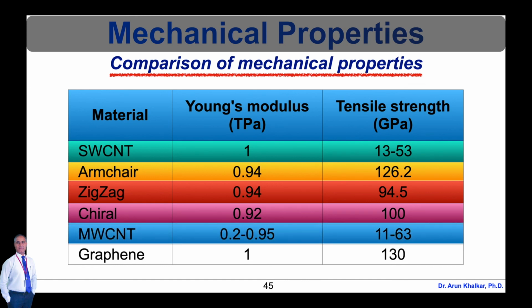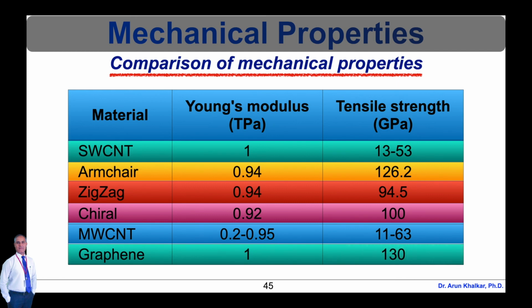For multi-wall carbon nanotubes, the Young's modulus is 0.2 to 0.95 terapascals, whereas tensile strength in gigapascal is between 11 to 63. For the graphene, the Young's modulus is 1 terapascal, whereas the tensile strength is 130 gigapascal.